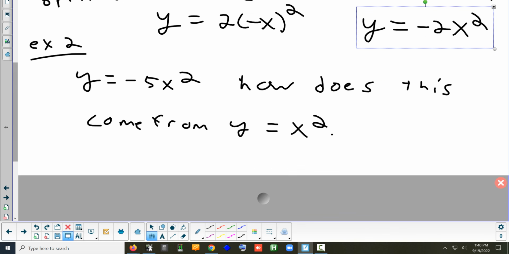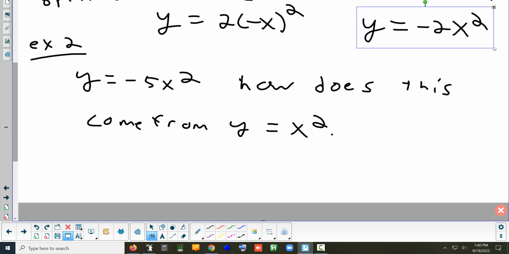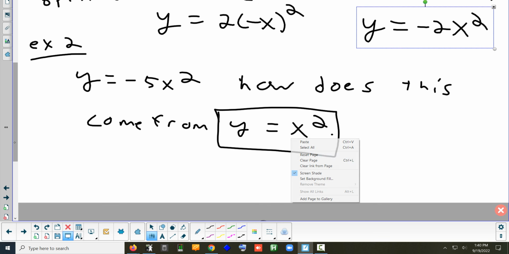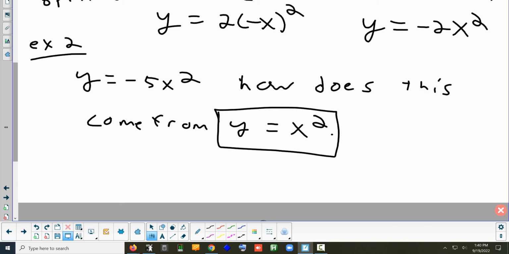All right, so what I want to do now is look at two graphs and describe what you would have to do to one of them to change it into the other. Again, this is your parent function. Consider that as what you started. I want to know what I would have to do to y equals x squared to change it into y equals negative 5x squared.